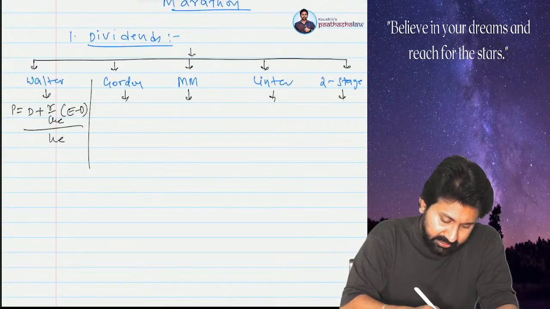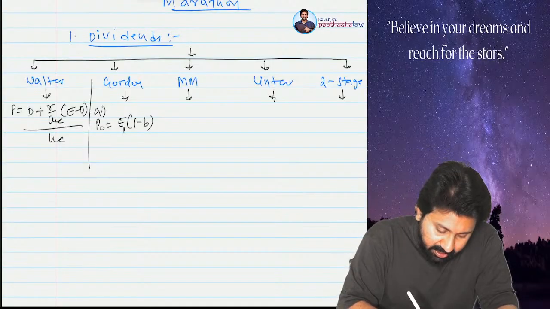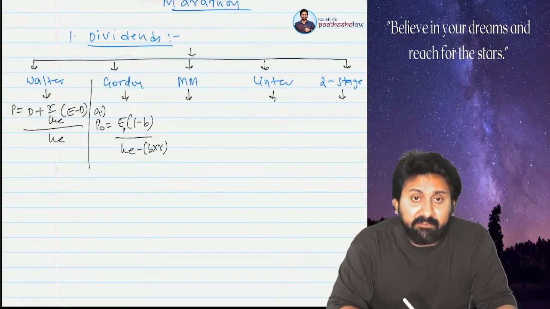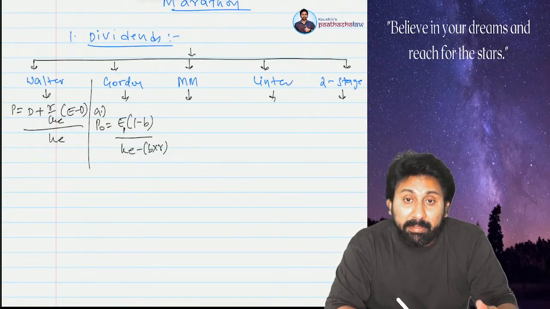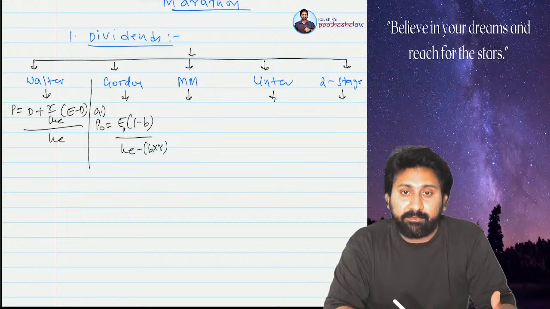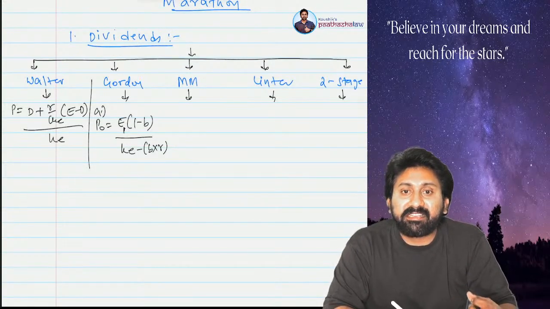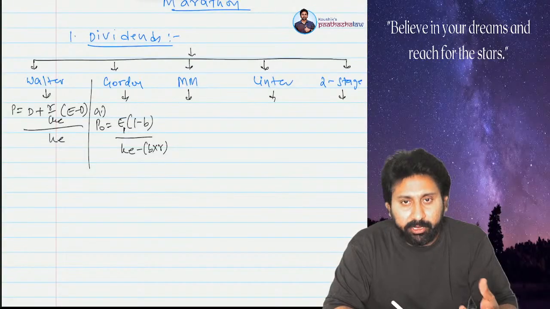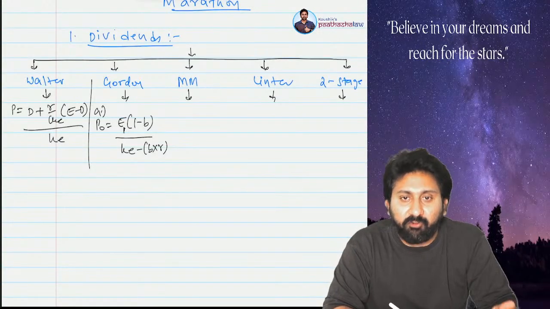Next, Gordon model. There are two types of formula. P naught equals E into 1 minus B; technically it is E1 into 1 minus B, whole divided by KE minus B into R. E1 means earnings per share next year. B means retention proportion, not retention amount. Proportion is always stated in percentages or in points; for example, I can say 40% or 0.4.